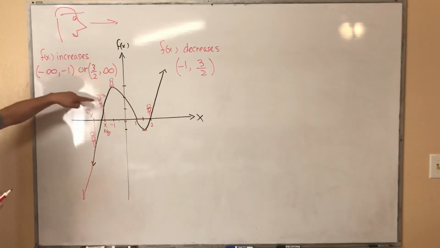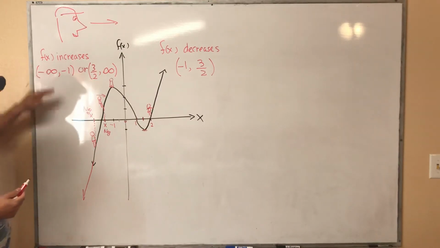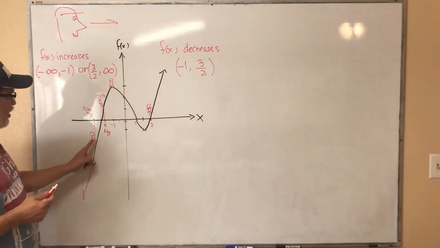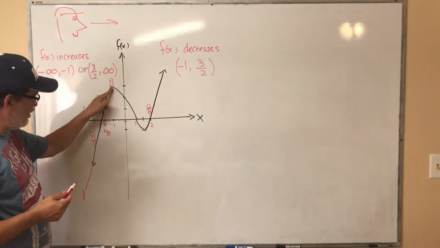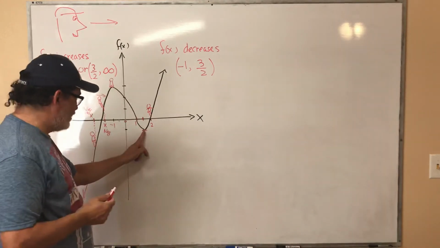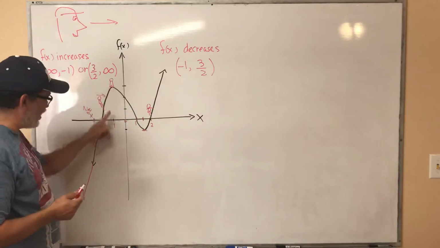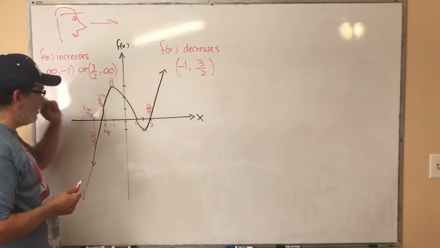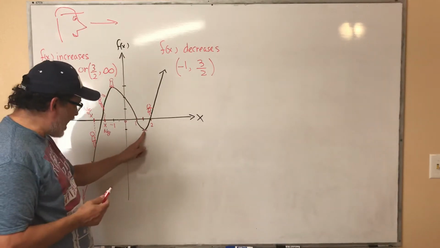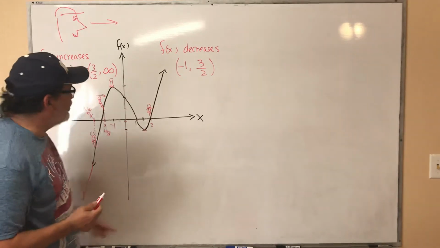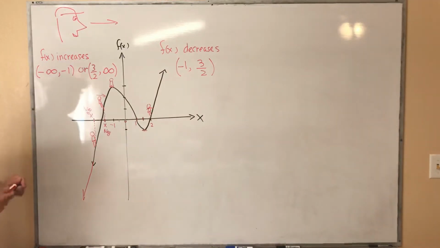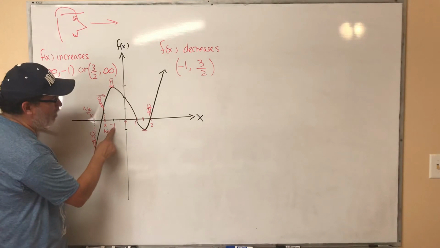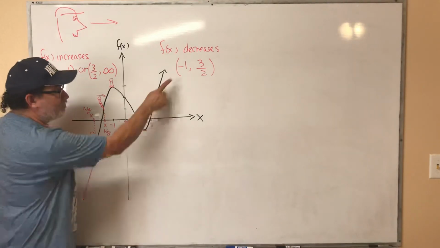So this function increases from -infinity up to this x value, up to -1, it increases from 1.5 up to infinity. And it decreases from -1 up to 1.5.